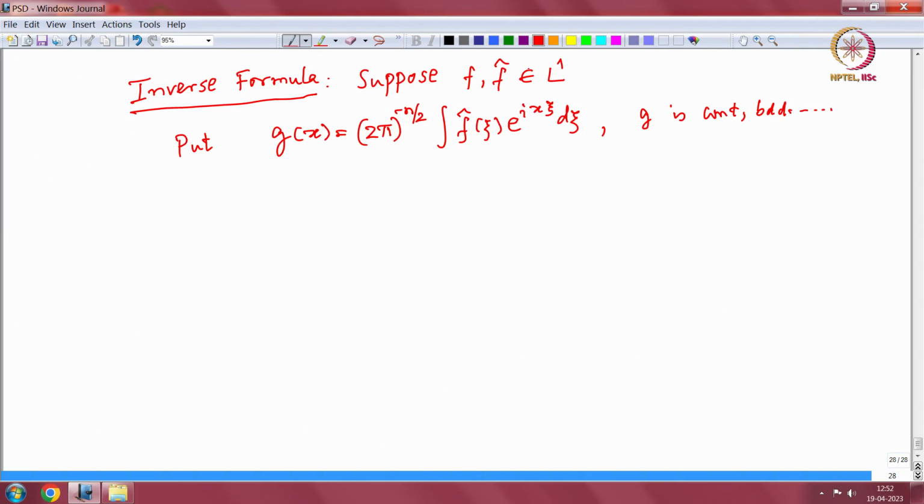So, what is the relation between g and f? Let us write this, because we know the formula for f cap.